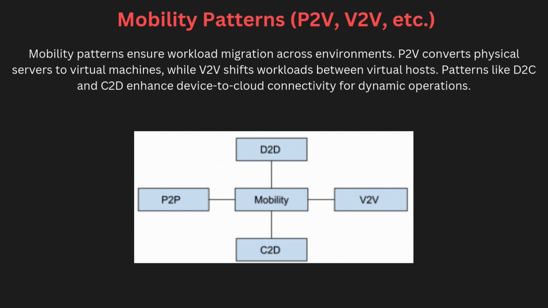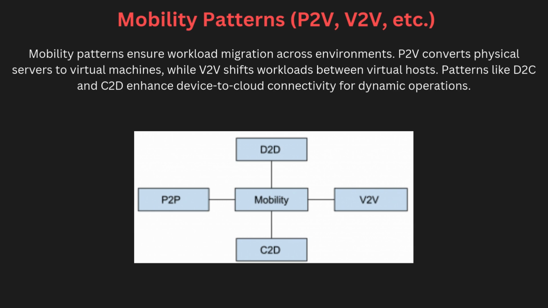Other patterns like D2C, device to cloud, and C2D, cloud to device, enhance the mobility between edge devices and the cloud platforms, fostering IoT integration also. These patterns ensure workload portability, critical for dynamic resource management and business continuity in the cloud environment.